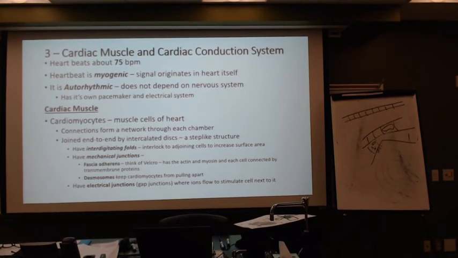So once again, we're going to go back to calciums, sodiums, potassiums. Everybody remember those? Their ability to pass those salts, which generate electricity.